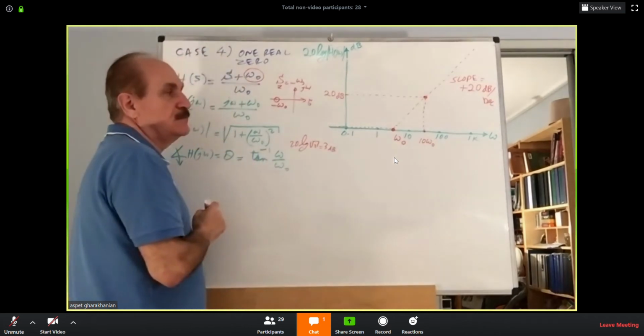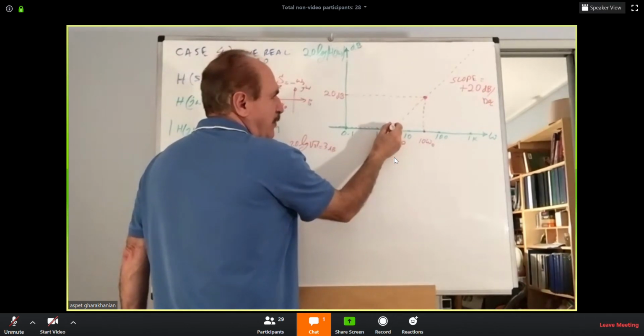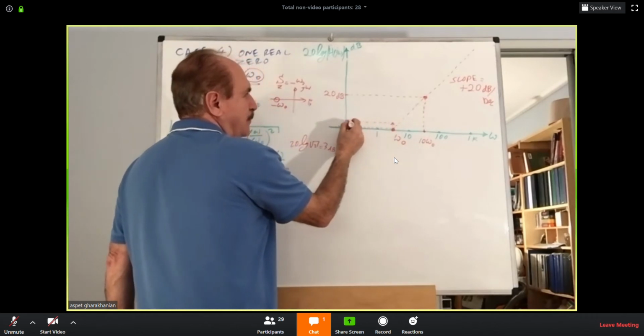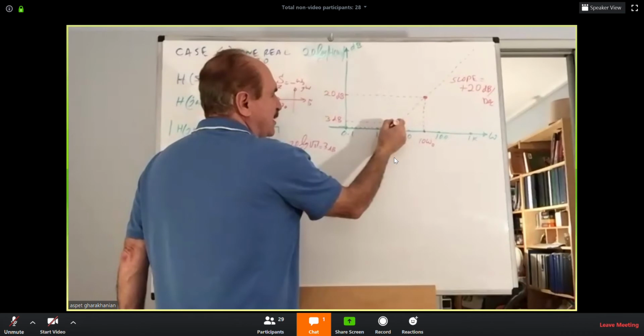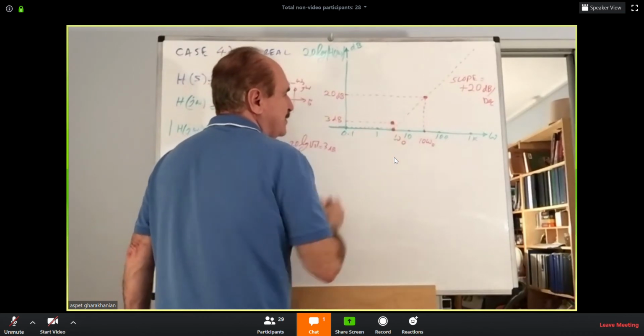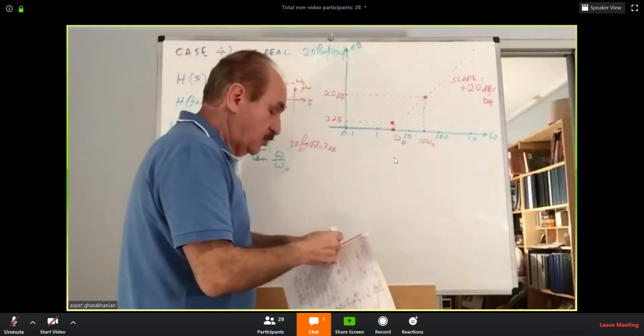That's it. So we know that at the breakpoint, if you go up by only 3 dB, you will get a corrective point right there, which you can place your smooth curve.